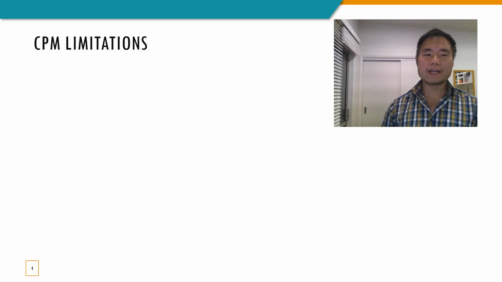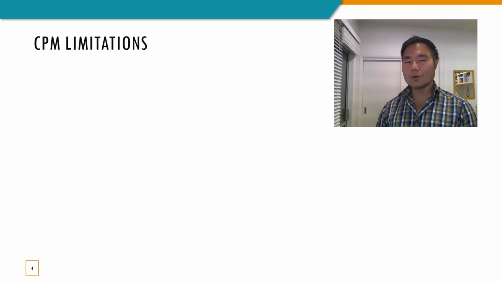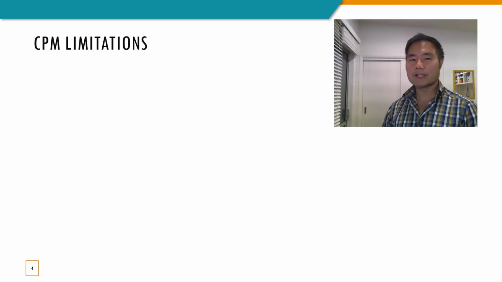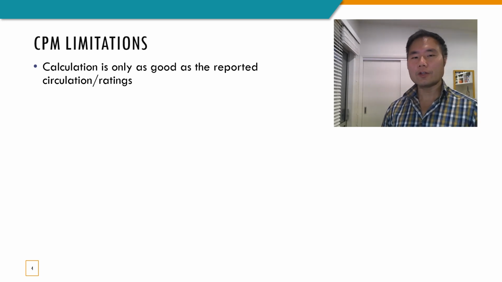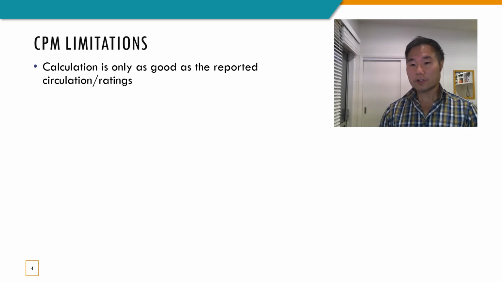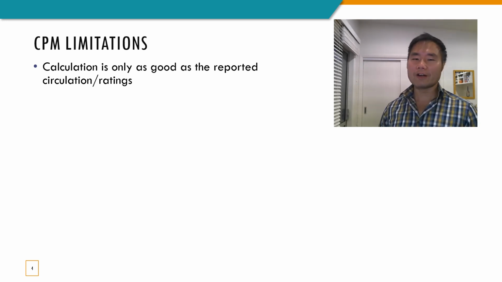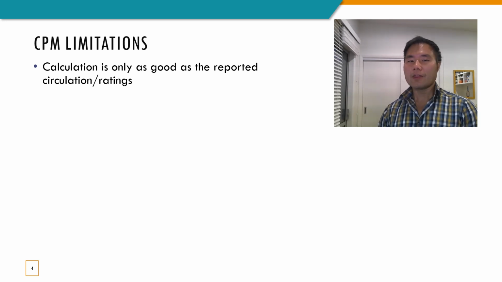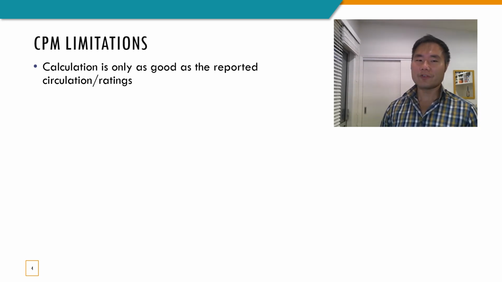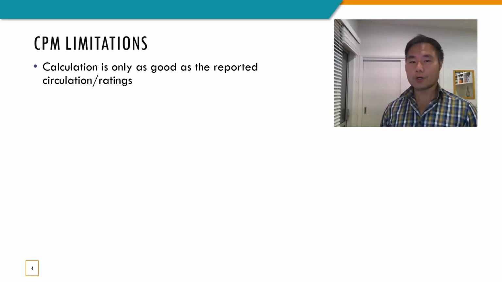So what are some limitations of the cost per thousand or targeted cost per thousand metric? It's a calculation that's only as good as the reported circulation or ratings. So I mentioned before how in the previous example we had a magazine with 1.53 million subscribers. Now that number you would hope is a very accurate number, because if that number is not accurate, then the calculation goes out the window.